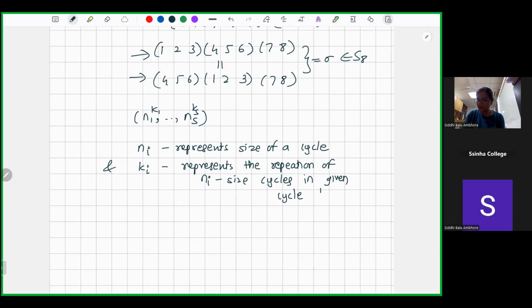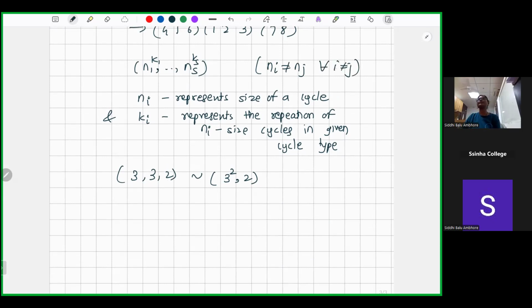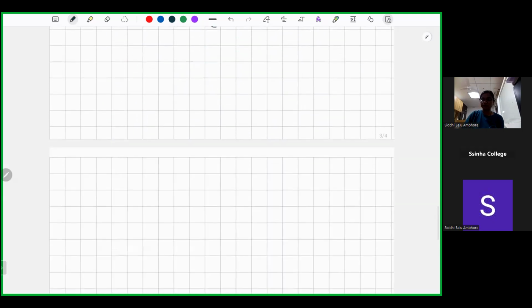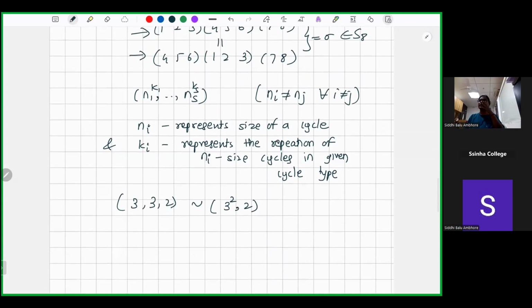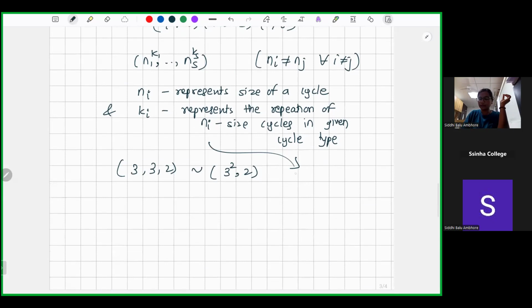I will just explain what I'm writing here. For example, if I take 3, 3, 2, this is my cycle type, and I will represent it like this, 3 square 2. So Ni represents cycle sizes, and Ni not equal to Nj for i not equal to j. I'm considering distinct sizes now. When I consider Ni distinct, I can club the same ones, and in the end the summation of Ki Ni is my n.